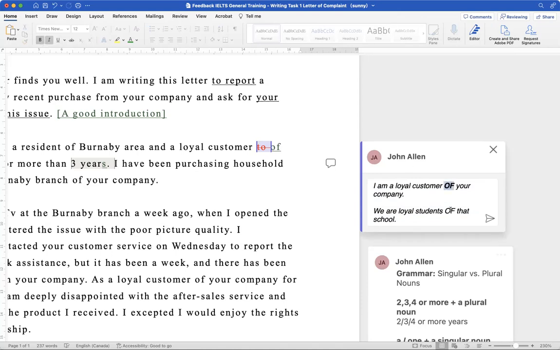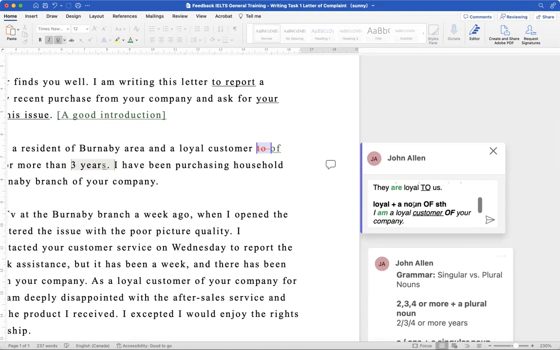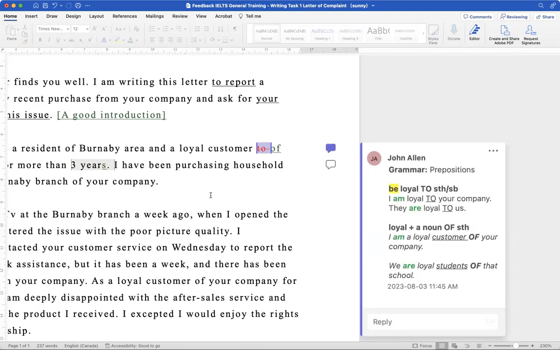We didn't use to, actually we used, here we go, again we used be. Still be is here. But the difference is that after loyal, we are using a noun. Loyal customer, loyal students. If you use loyal as an adjective, loyal plus a noun, then we go on with of. But if you use loyal just as an adjective, no noun after it, then with to. Hope it makes sense. Okay.